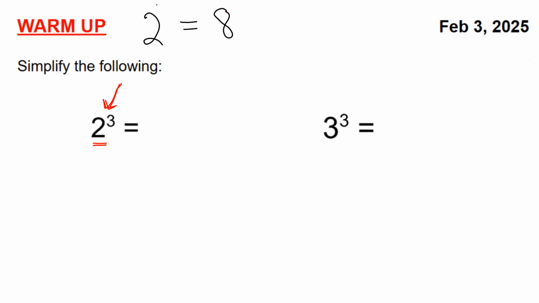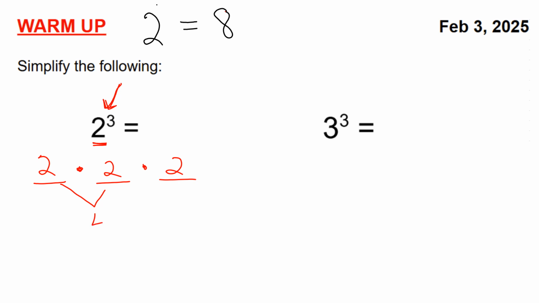So we said, okay, 2 is on repeat, and it's on repeat 3 times, so we wrote 3 blanks, and then we put our multiplication symbol in between, and we put the number 2 that's on repeat in each blank, and then we multiplied each factor and found the answer.